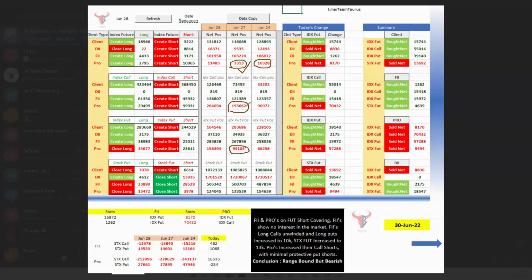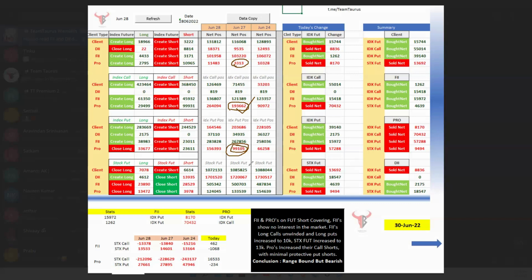These pros are clearly on the selling side. They are selling 193K calls, which means bearish for the market, and only selling 99K puts, about half of it. The 3K in futures is only 3K, ignore it. Since the majority of the calls are being sold, even they are bearish.